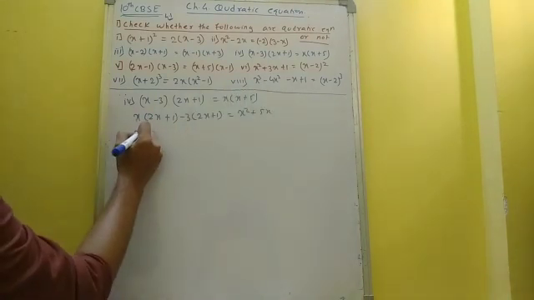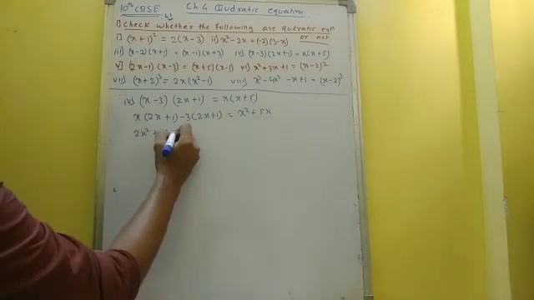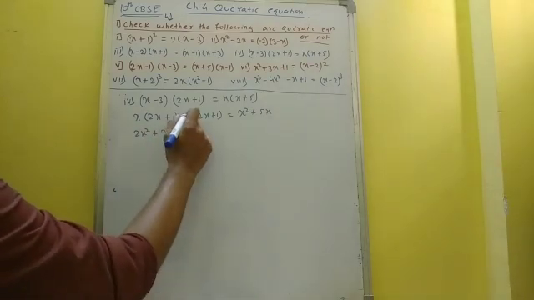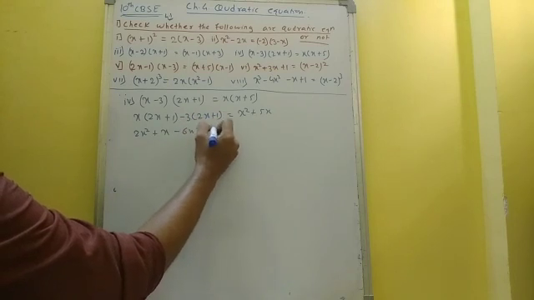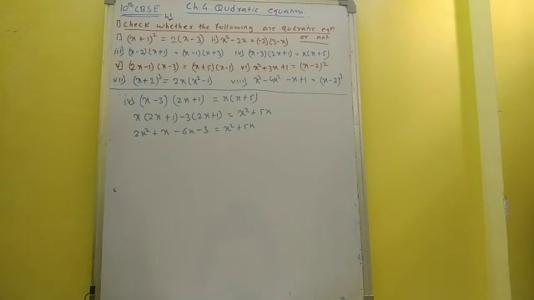So 2x into x is 2x square, x into 1 is x, minus 3 into 2x is minus 6x, minus 3 ones is minus 3, equals x square plus 5x.